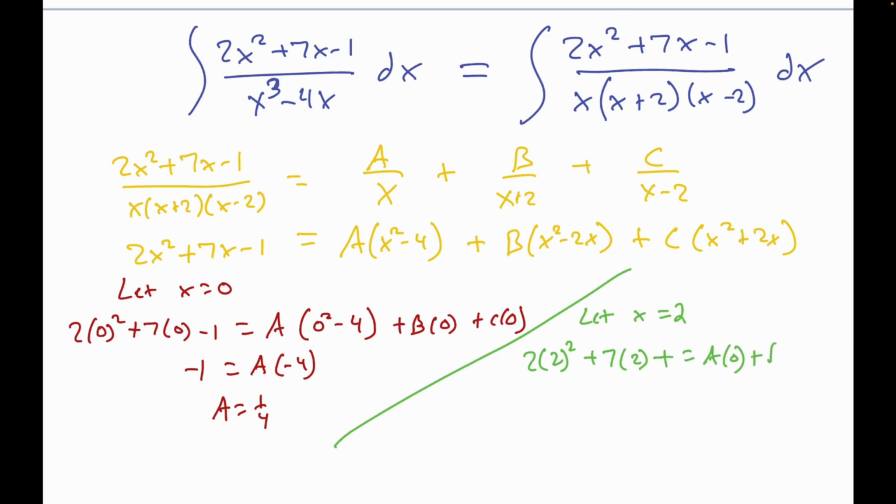The B goes to 0, 4 minus 4 again, and then my C, I'm running out of room, is going to be 2 squared plus 2 times 2, so 4 plus 4 is 8.